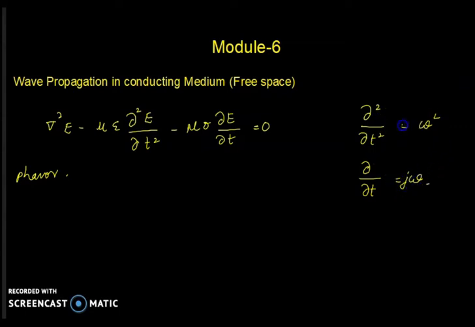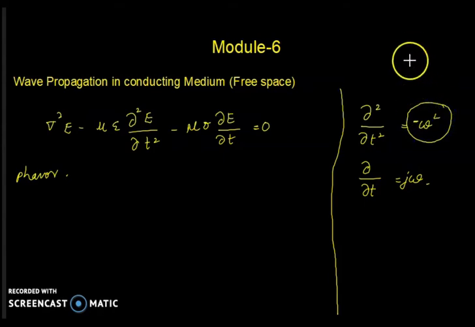So this is j omega, and this is minus omega square. Again we can replace minus omega square as minus 1 into omega square, where minus 1 is j square.